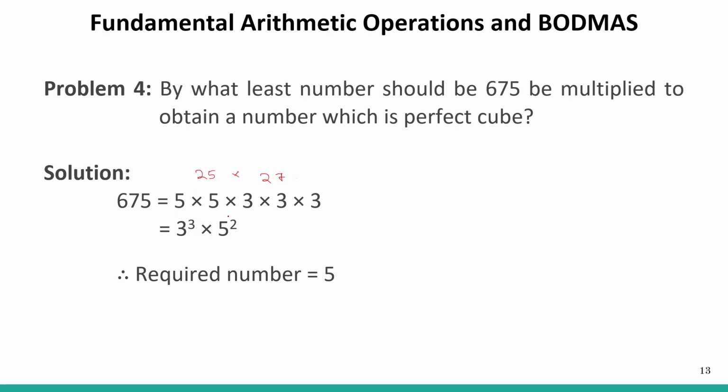So 25 is equal to 5 square, and 27 is equal to 3 cube.